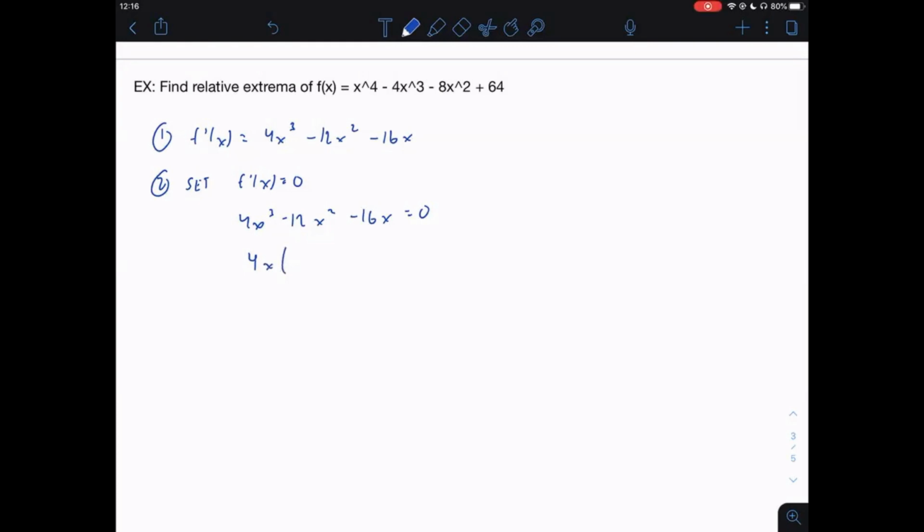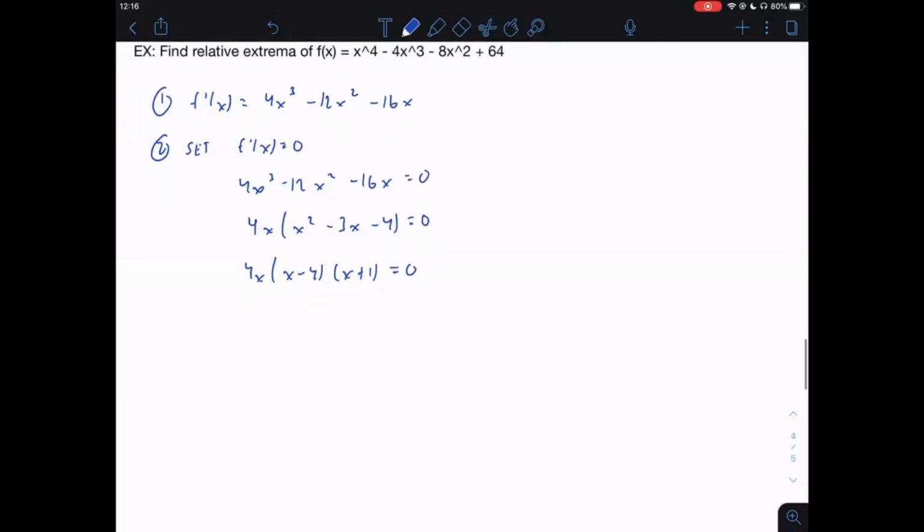And if we pull out a 4x from each term, then we're gonna be left with x squared minus 3x minus 4 on the inside, a quadratic instead of a cubic now. So now let's factor this quadratic to give us 4x times x minus 4 times x plus 1 equal to 0.